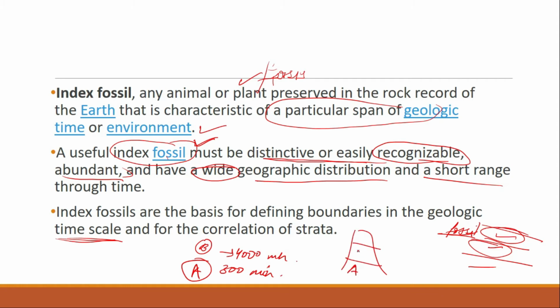So here existed A, here existed B. If the age of this fossil is 300 million and this is 400 million years, and here C says 600 million years ago, then we can say that strata C is 600 million years old, and adding 4, 7, 8, 9, 10, it is 1000 million years old, and if you add another 300 million, then it is 1300 million years ago.